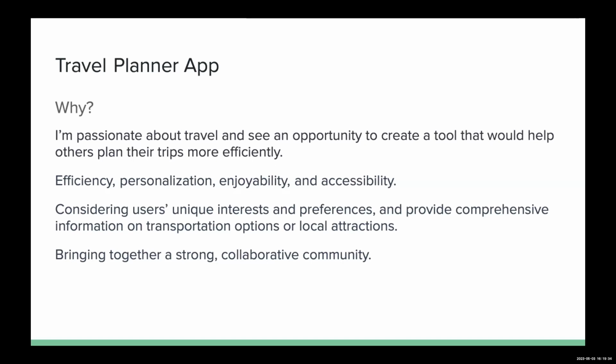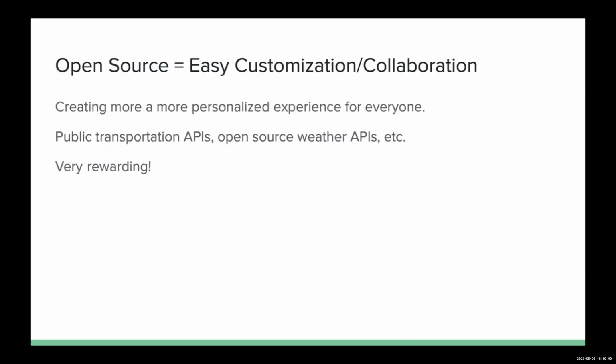Since open source projects are typically more flexible and adaptable to changing needs than proprietary software, users of the project can modify the code to add new features or customize existing ones, creating a more personalized experience for everyone, like integrating with public transportation APIs and allowing users to view real-time info on public transportation schedules and delays, or they can even make it personalized by using an open source weather API and see real-time weather info for their travel destinations.